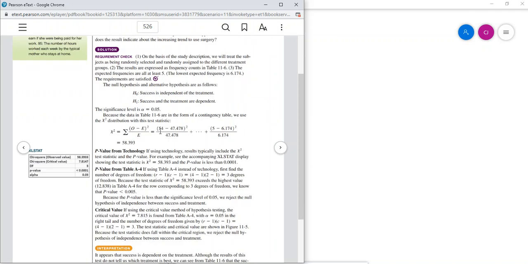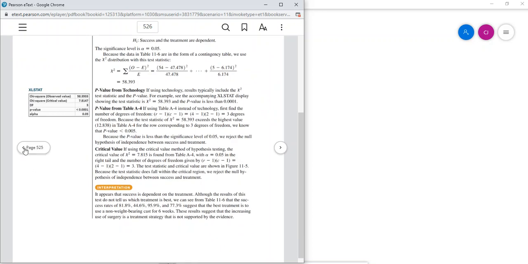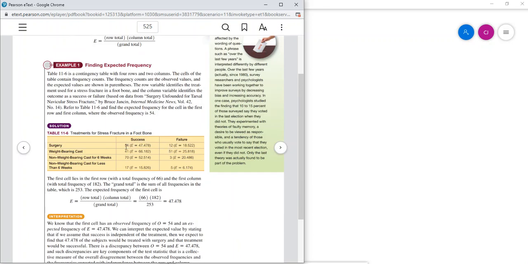So the critical value we could work out by hand, like we did with the goodness of fit test. Let's go back. I just want to show you what I mean by that. You would have to take the observed minus the expected. So 54 minus 47.478 squared, all divided by 47.478, plus 12 minus 18.522 squared, all divided by 18.522, plus 41 minus 66.182 squared, all divided by 66.182.